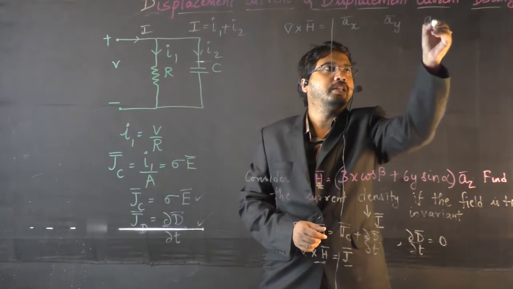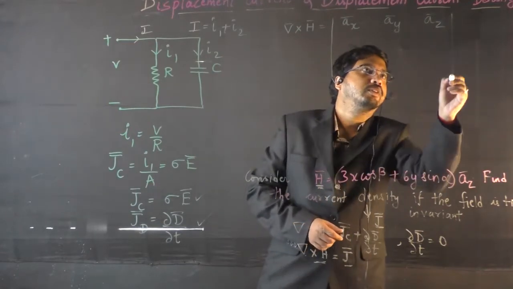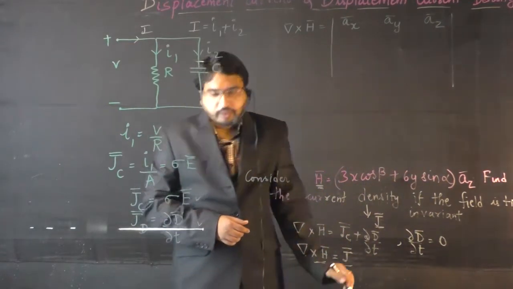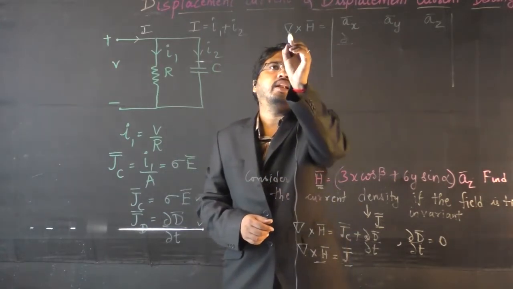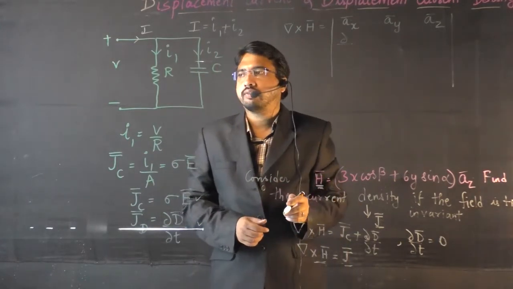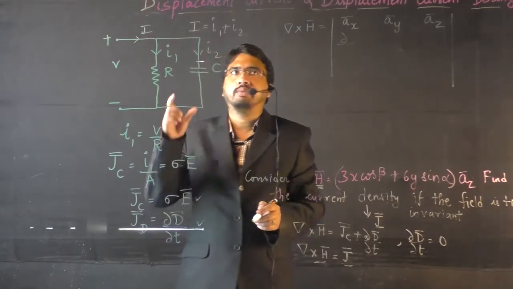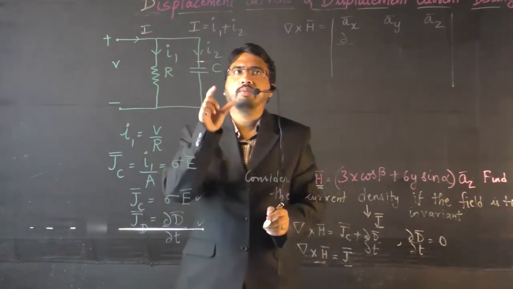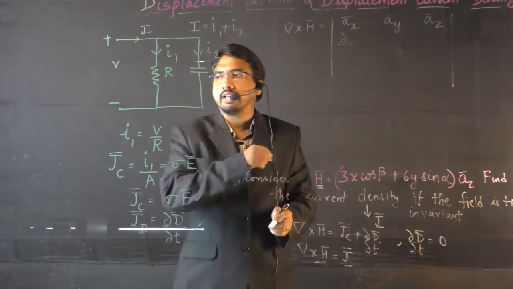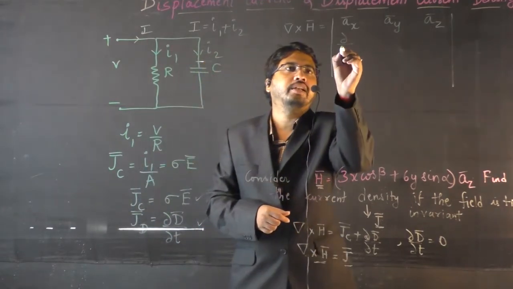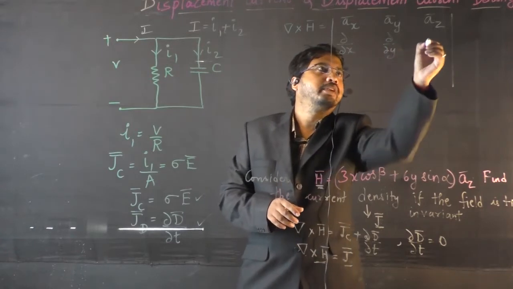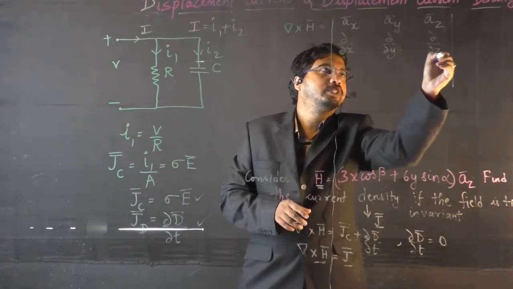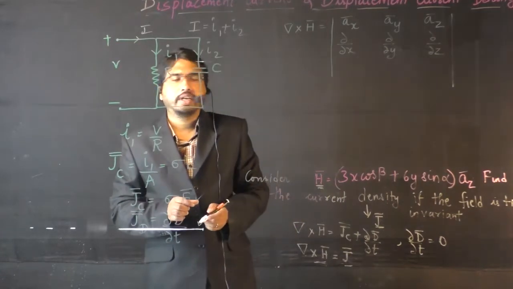Ax, Ay and Az. Next we have the del operator. Already in our first unit we defined the del operator as dou by dou x of something plus dou by dou y of something plus dou by dou z of something. So I am writing dou by dou x, dou by dou y, next dou by dou z.